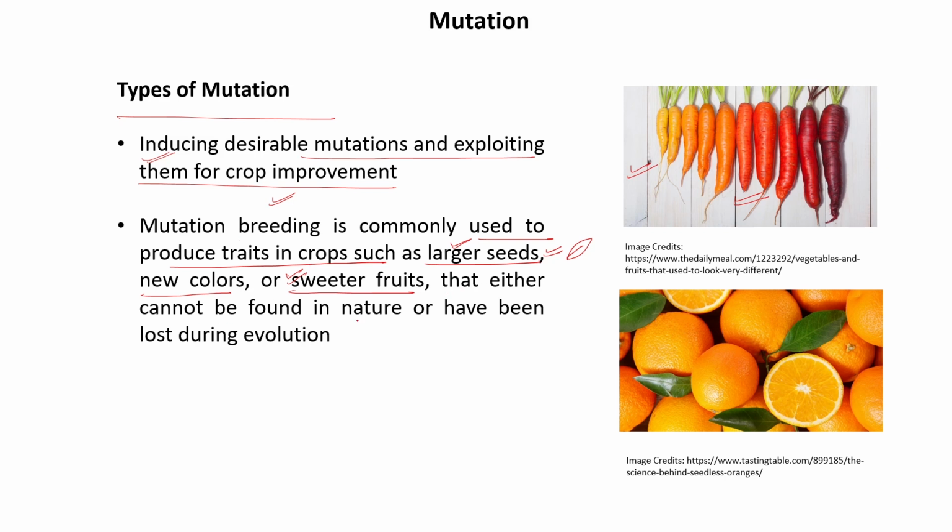That either cannot be found in nature or even be lost during the evolution. So now here you can see this fruit is without any seeds. No seeds are there. Okay. So these types of fruits are preferred, and mutation breeding is why commonly used to produce such types of crops.